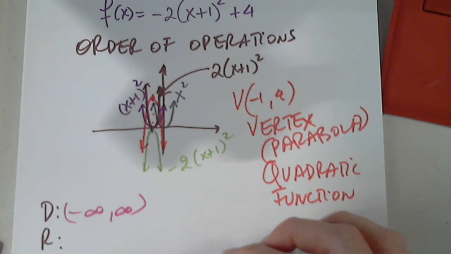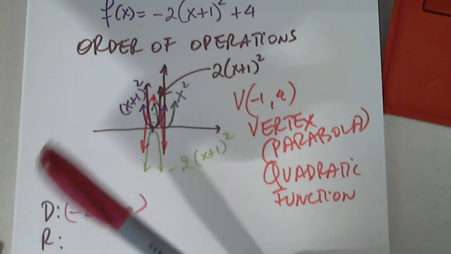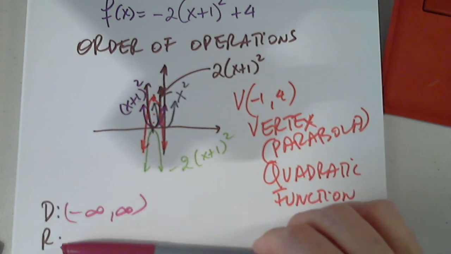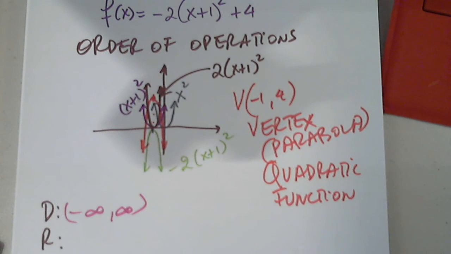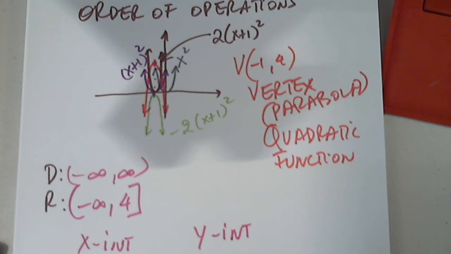I have to start with the low. For the domain, I start from left to right. For the range, I have to start from low to above. So negative infinity to 4. Excellent. Great job. And now if you say, find the x-intercept and find the y-intercept, I'll say no problem.